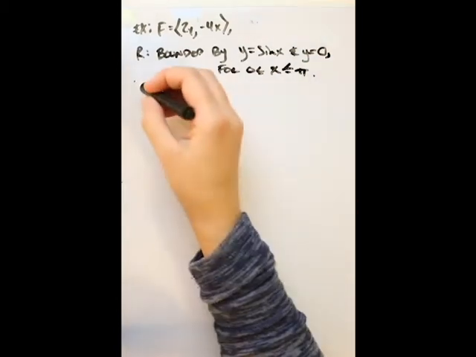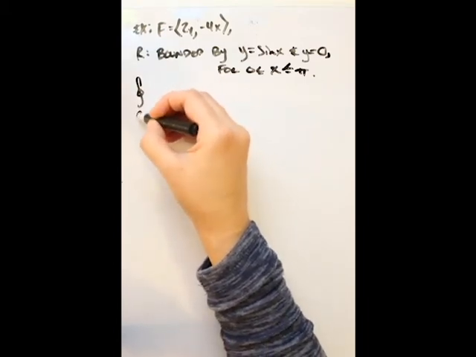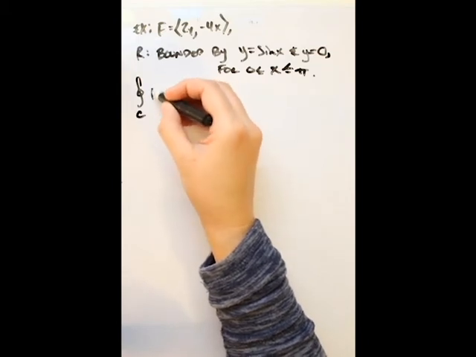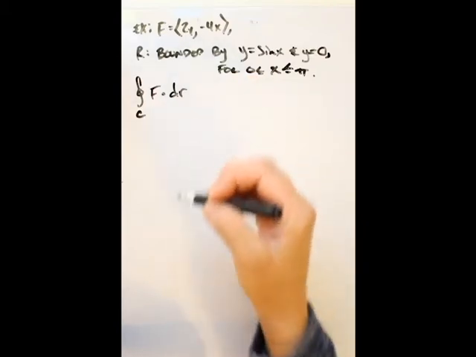What we want to do is evaluate the line integral of our vector field over our closed curve C, so F dot dr.